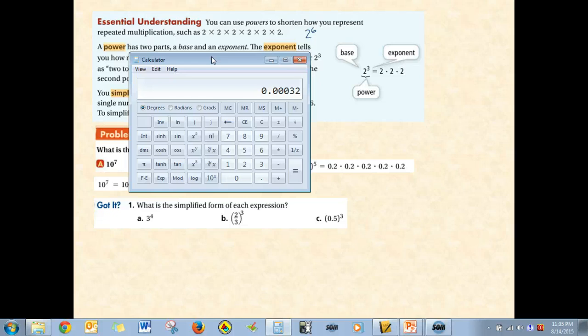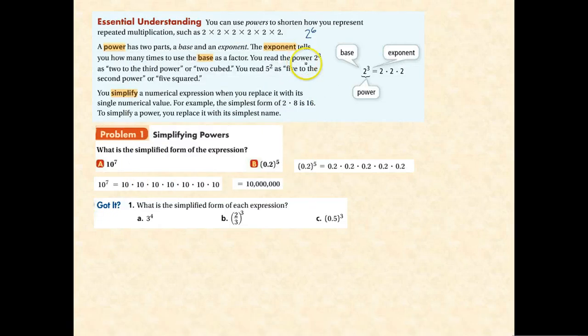It's 0.00032. So 0.2 to the 5th power simplified is 0.00032.